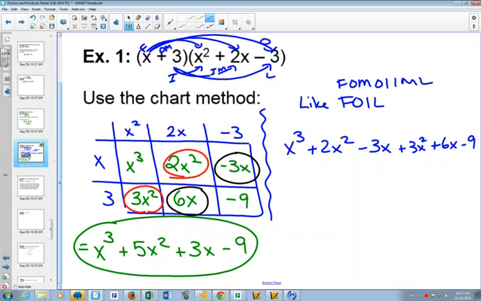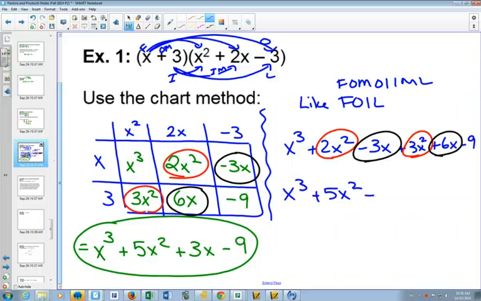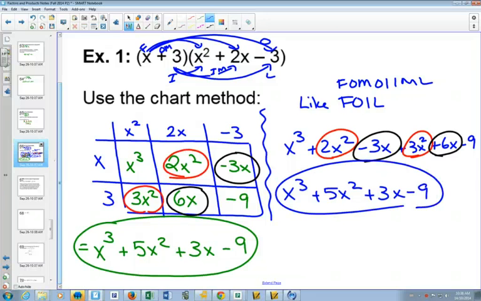We still have to look for our like terms. This one and this one are alike. This one and this one are alike. And write our final answer, x cubed plus 5x squared plus 3x minus 9.